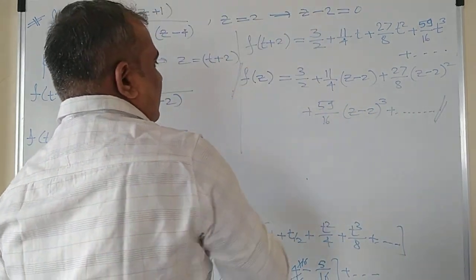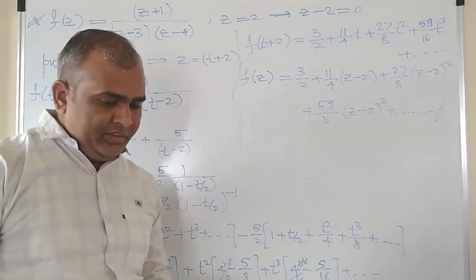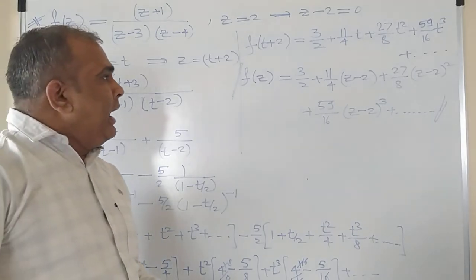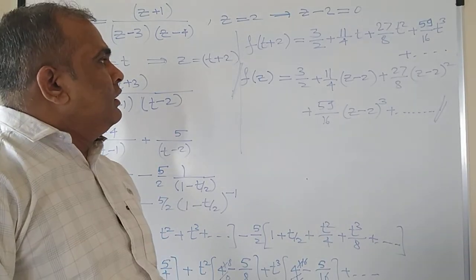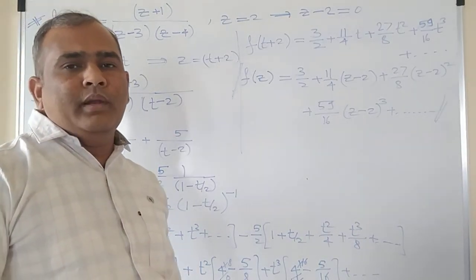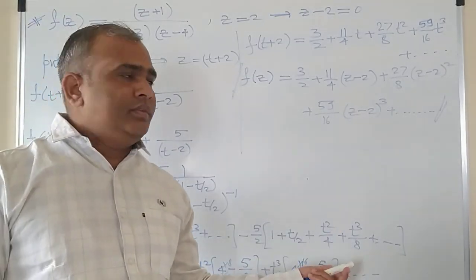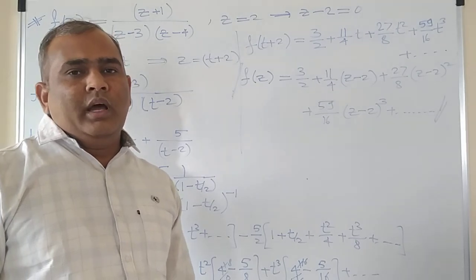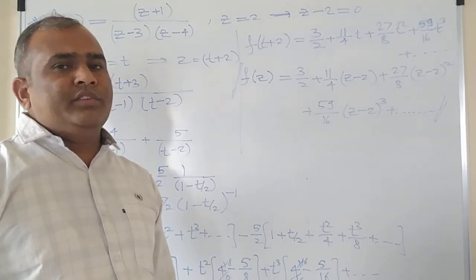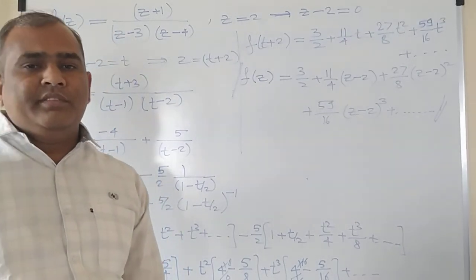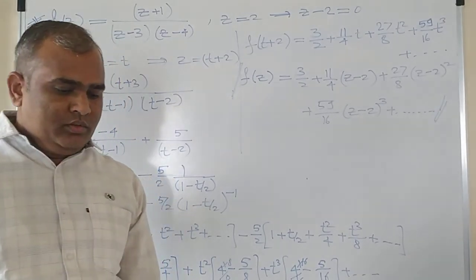This, got it? So this is your series expansion, and I hope you will find both methods simple. Just the way of solving the problem is different in both methods. And in the next video, we will study the Laurent series expansion. So thank you for this.